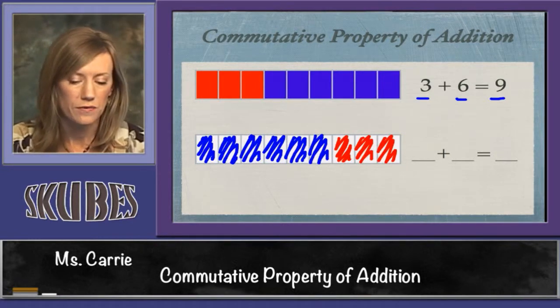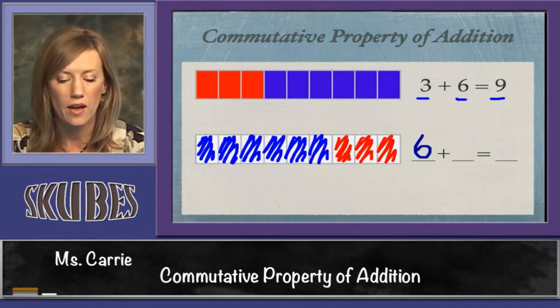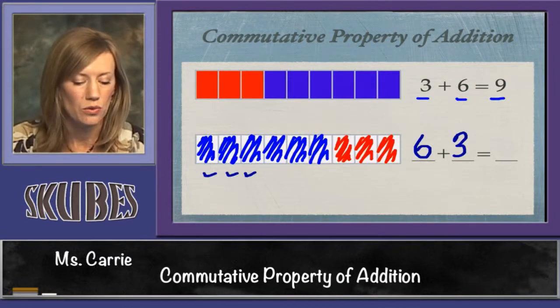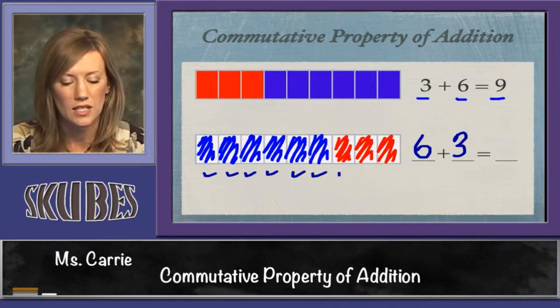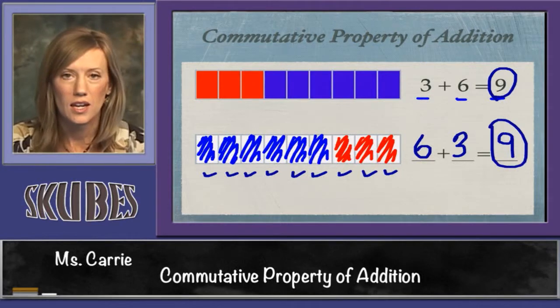All we did was flip the two numbers. So instead of 3 plus 6, we now have 6 plus 3. And we get 1, 2, 3, 4, 5, 6, 7, 8, 9. We get the same answer. We get 9 and 9.